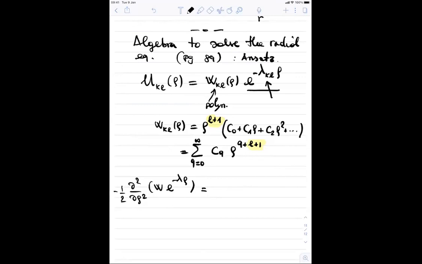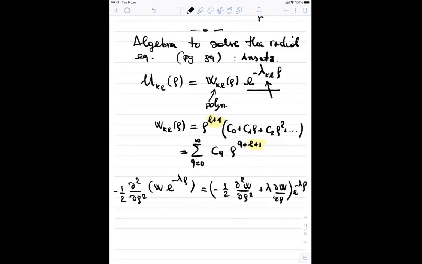If you do the algebra, you get the following thing. So minus 1/2, the second derivative applied to W only, then you get a plus lambda, the first derivative. And the whole thing is multiplied by e to the minus lambda rho.